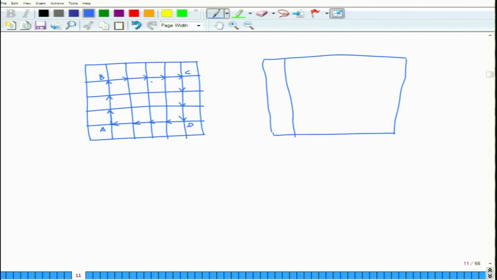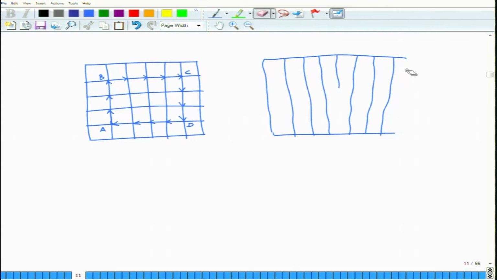I had 6 columns, 1, 2, 3, 4, 5, and let us say I have created one extra one there.